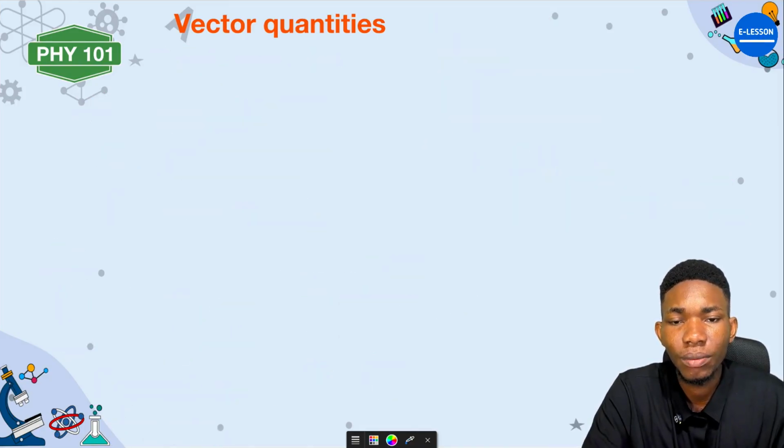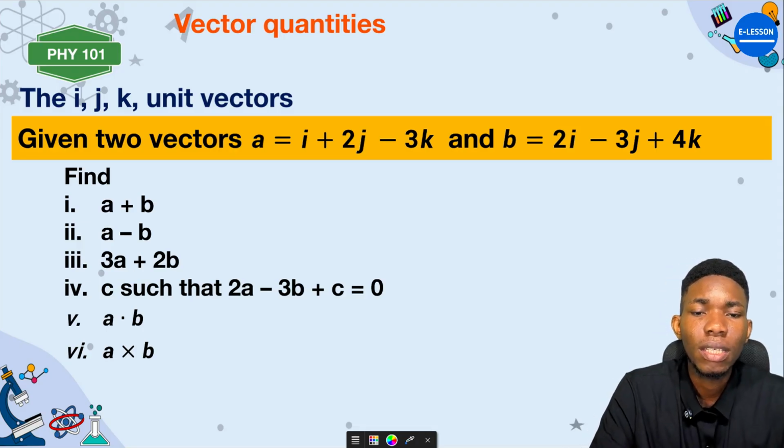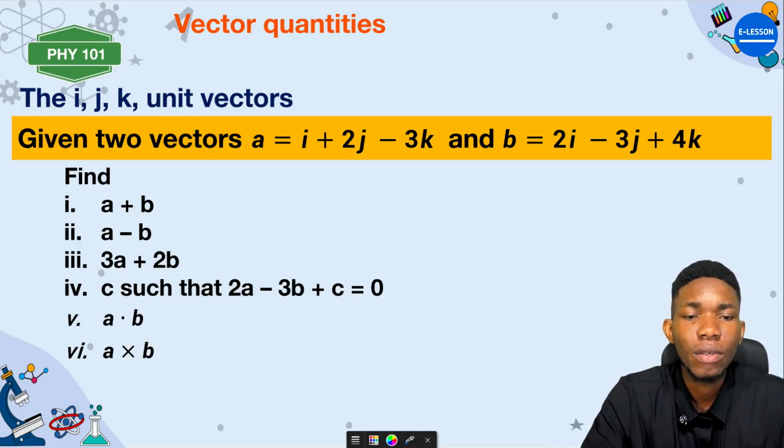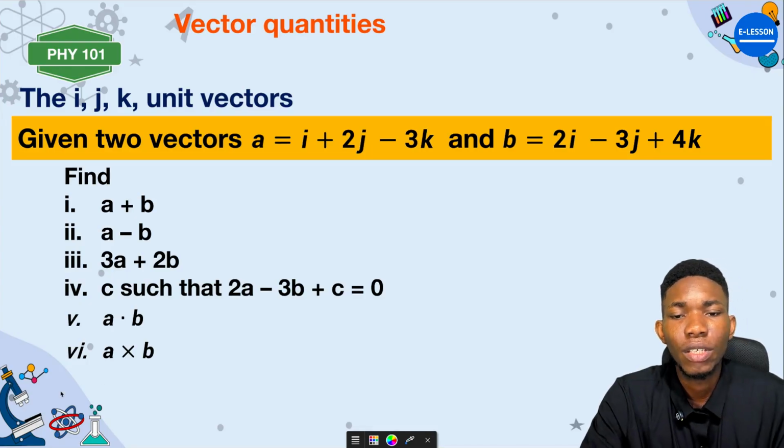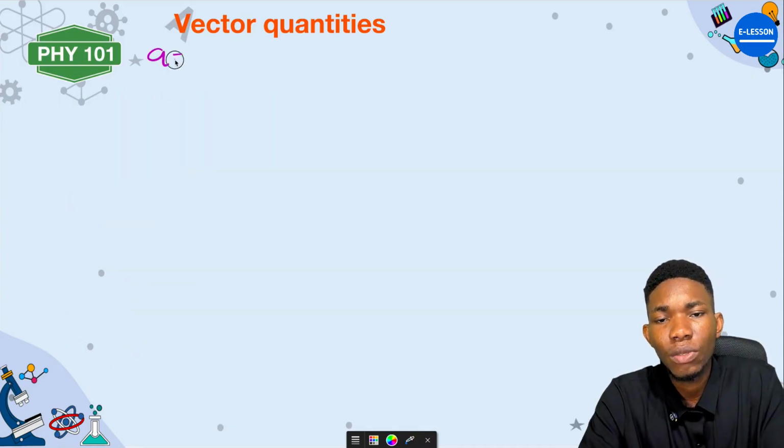Let's see the next one. Now, we are given two vectors. A is equal to i plus 2j minus 3k, and B is equal to 2i minus 3j plus 4k. Now the question says find A plus B. A is what to start with?